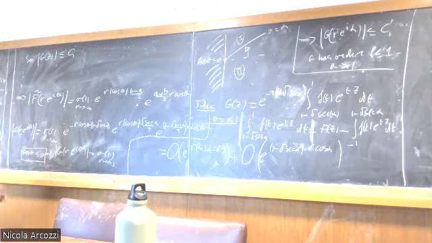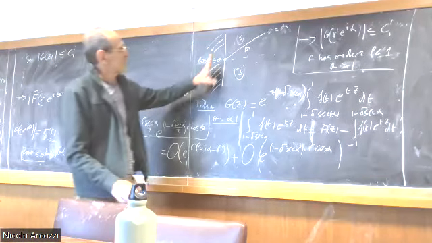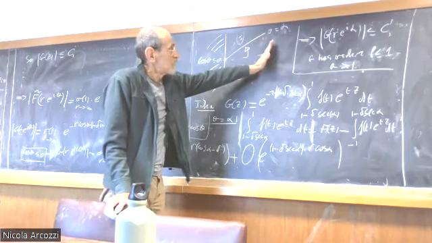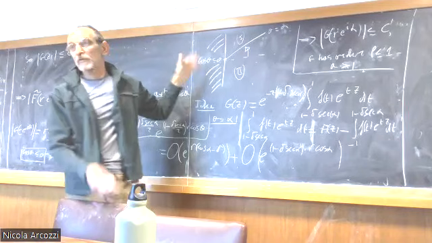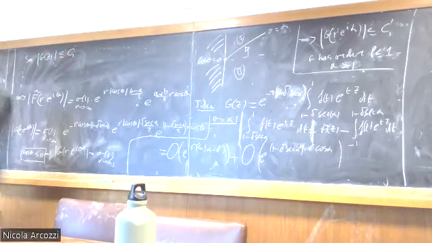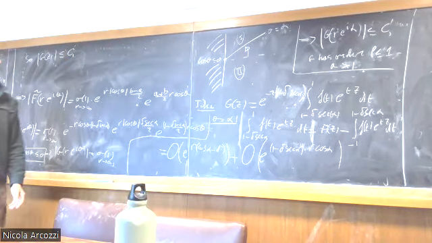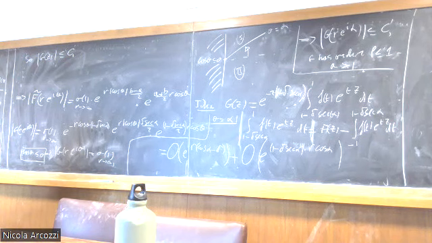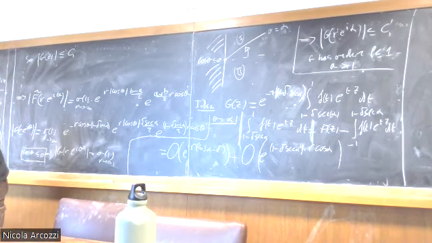This way we show that G is bounded here, but we also have that G is bounded here, so G is bounded everywhere. So it's constant, but then it goes to 0 in some rays, so it's 0. And then the case alpha equal to plus or minus 1/2.